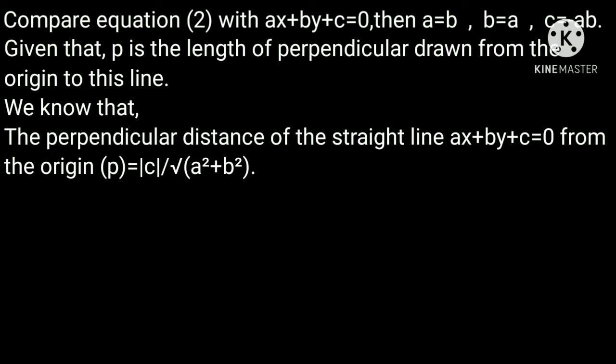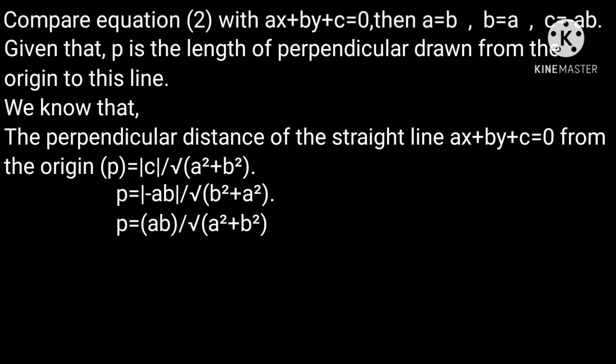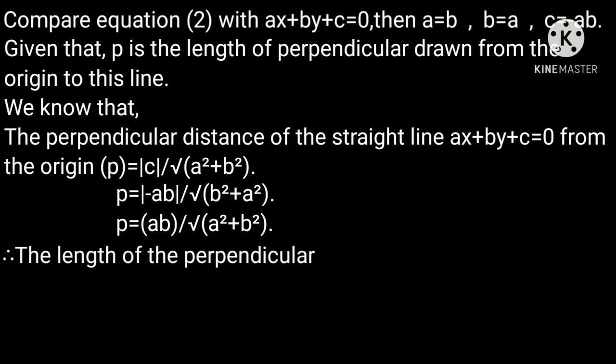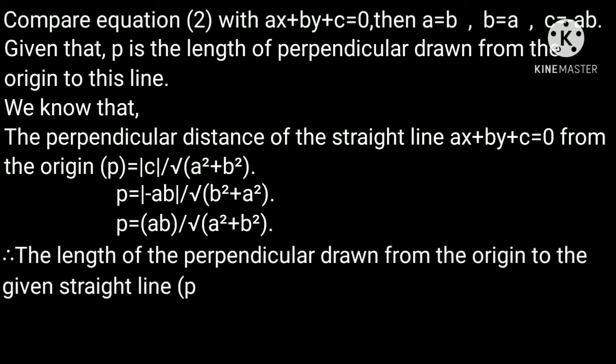Here substitute A, B, C values, then P equal to modulus of minus AB by square root of B square plus A square. From this, P equal to AB by square root of A square plus B square. Therefore, the length of the perpendicular drawn from the origin to the given straight line is P equal to AB by square root of A square plus B square. This is our required problem solution.